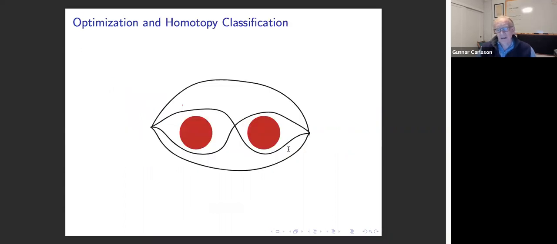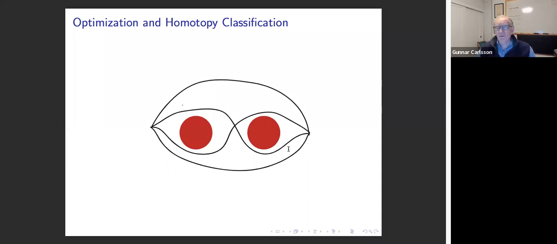So here we'd want to study the different classes of paths, and in each one we might want to optimize within that homotopy class. The red parts are obviously the covered region, and you can see that we've got different possibilities.